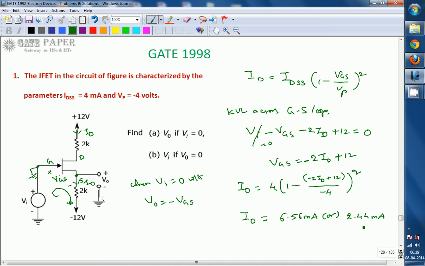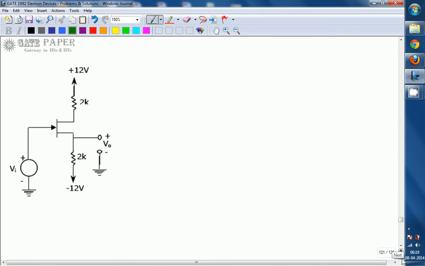Now we will see what the value of VGS is for different values of ID. First, when ID is equal to 2.44 milliamperes, VGS is minus 2ID plus 12, which is what we took in the previous slide.